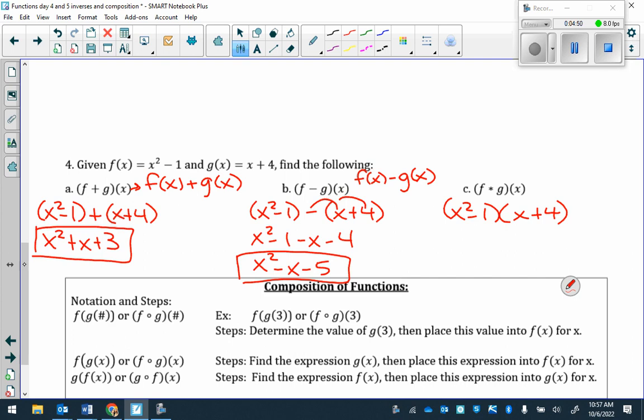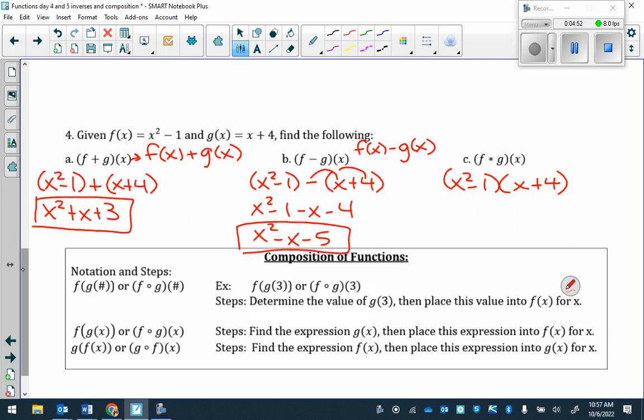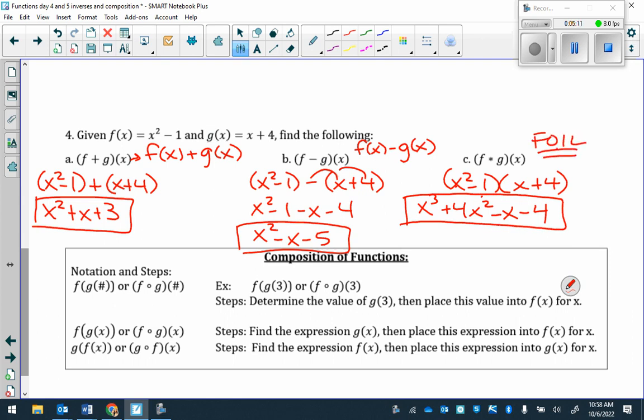So those of you that know or have heard of FOIL, your first terms, x cubed, your outer, inner, and negative 4, your last. First, outer, inner, last, when you're multiplying two binomials.